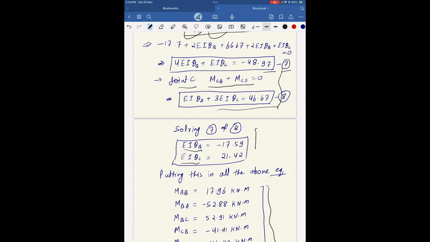Like we can form this matrix as 4 for equation 7, that is 4, here the coefficient is 1, and we multiply with EI theta B, and here in equation 1 the coefficient is 1, 3, EI theta B, theta C equals the final result minus 48.97, here 46.67. Upon solving this matrix we get theta B and theta C.